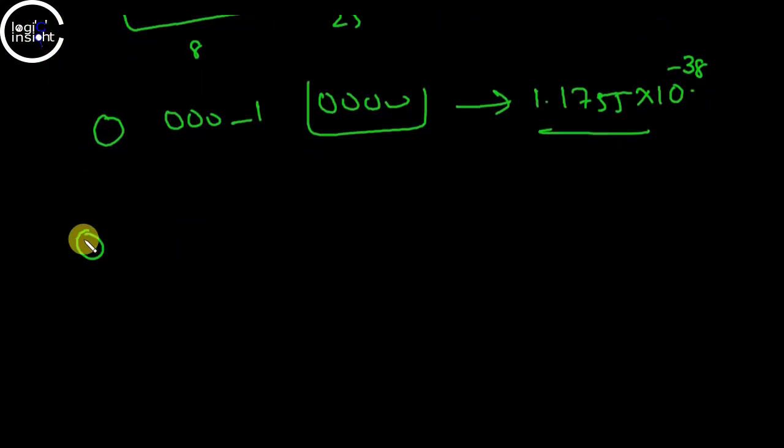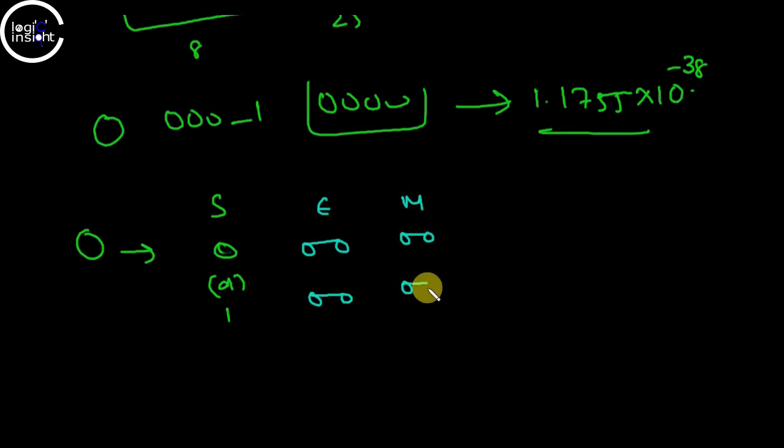Whenever there is a 0, the sign bit is either 0 or 1; we don't care. The exponent, this is the main point, should be all 0. If the exponent is all 0 and the mantissa is also zeros, then the number is represented as 0.